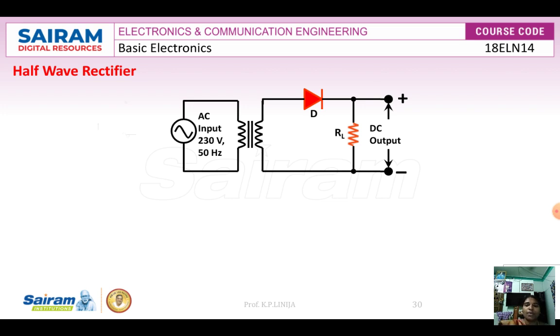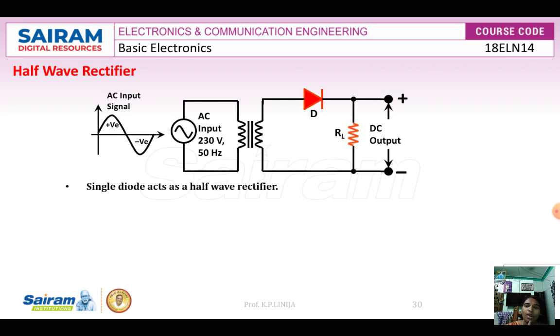Now how does this half wave rectifier work? Here the input consists of one cycle of waveform, with a positive cycle as well as a negative cycle.